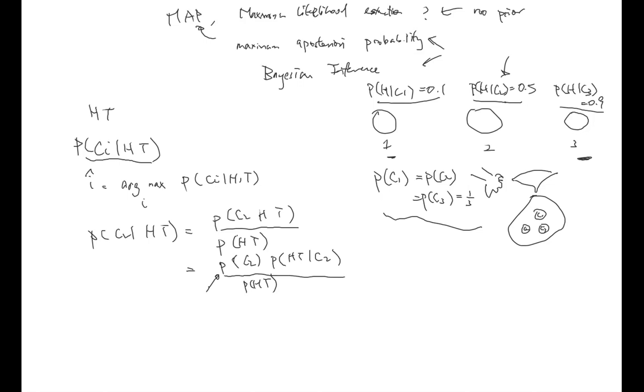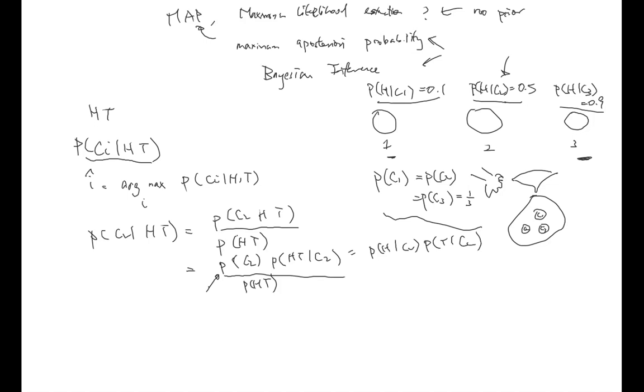Intuitively it's also very natural, because once you fix the coin, maybe I don't even need to know which coin I picked, the first time you flip the coin and the result for that, and the second time you flip the coin and the result for that, the two events are independent. So this should be just equal to P(H | C2) times P(T | C2).